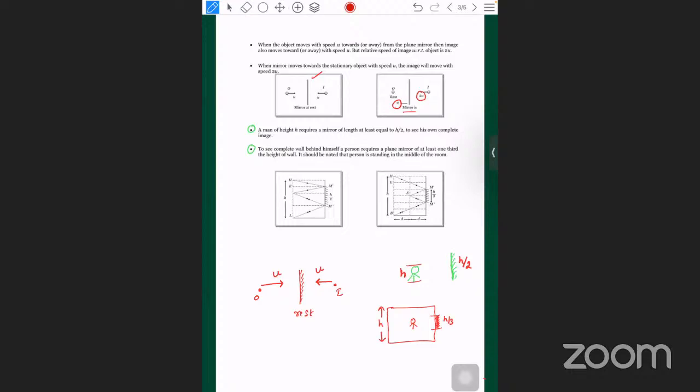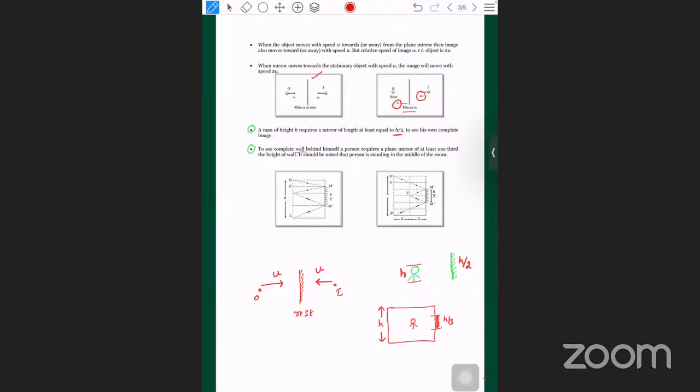To get the complete image of the person himself, what must be the minimum height? H by 2. Please be very careful. A man of height h requires a mirror of minimum length h by 2 to get the complete image.